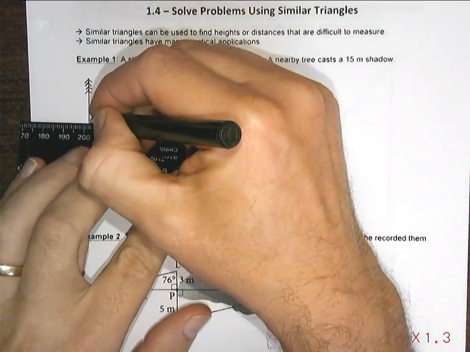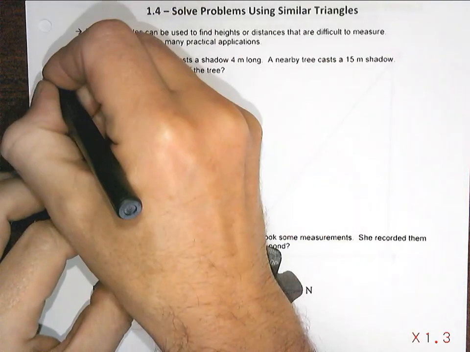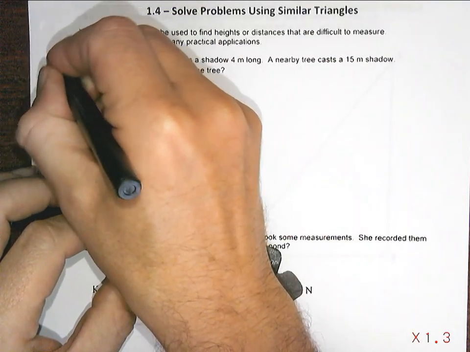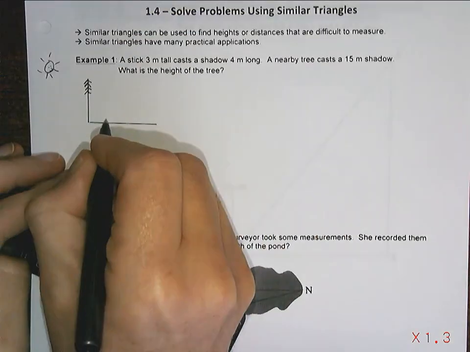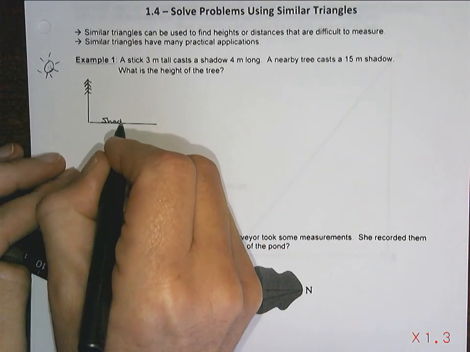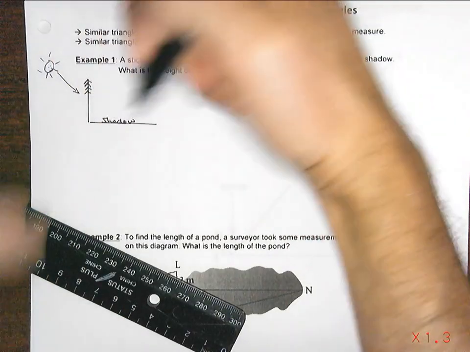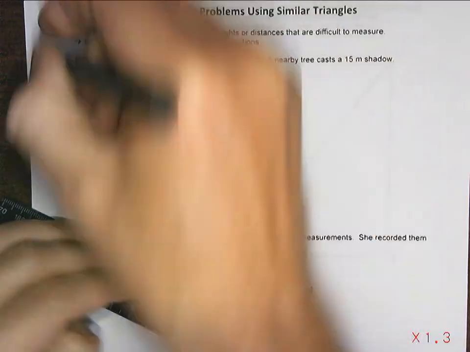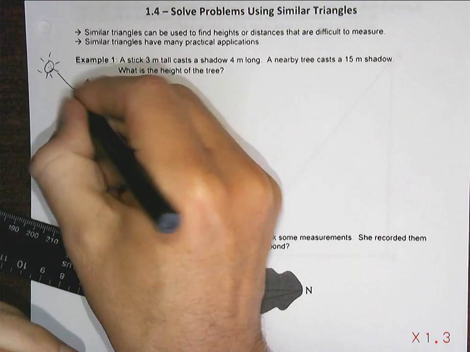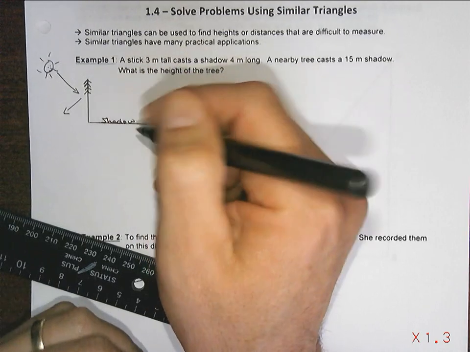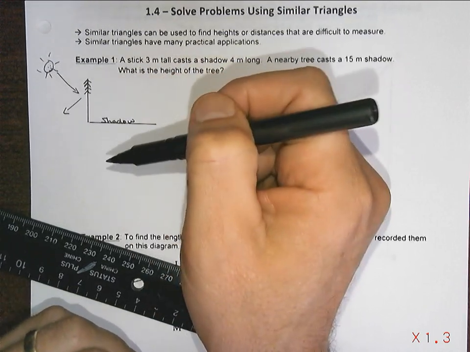So we've got a tree, we've got a sun, and we've got some shadow. What happens is the sun's rays come down and they hit the tree and get bounced off the tree. So the sun's light can't get over to this side of the tree, and that's what a shadow is. A shadow is actually the absence of light.